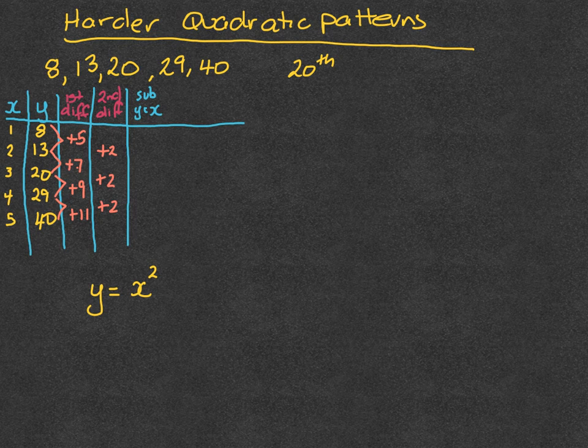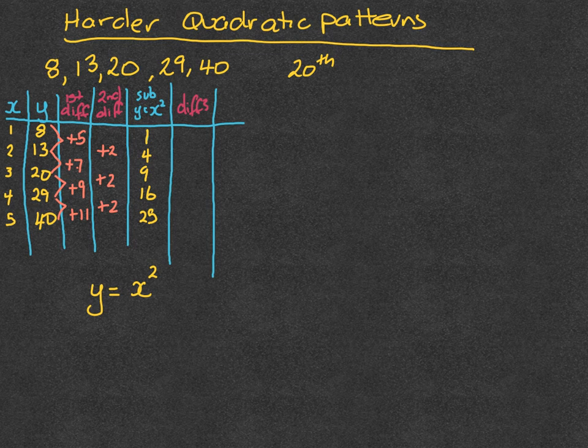So 1 squared is 1, 2 squared is 4, 3 squared is 9, and so on, 16 and 25. And then we have another difference, my difference 3. The reason we're doing this one is to see what is the difference between the values of y equals x squared and our original y values.